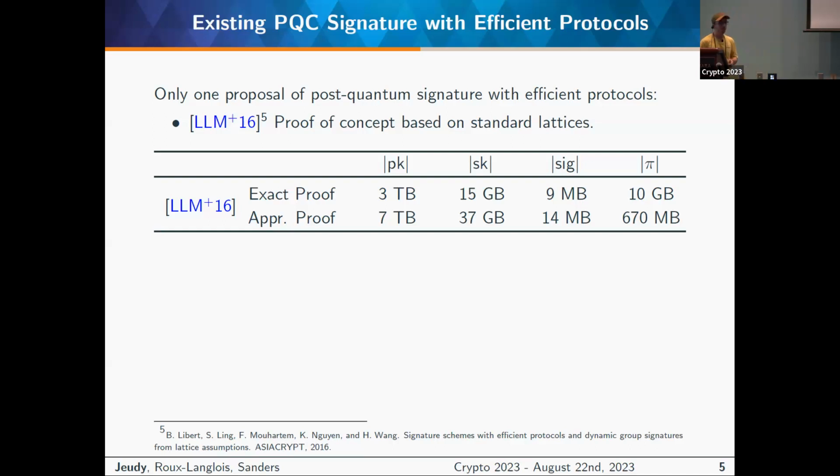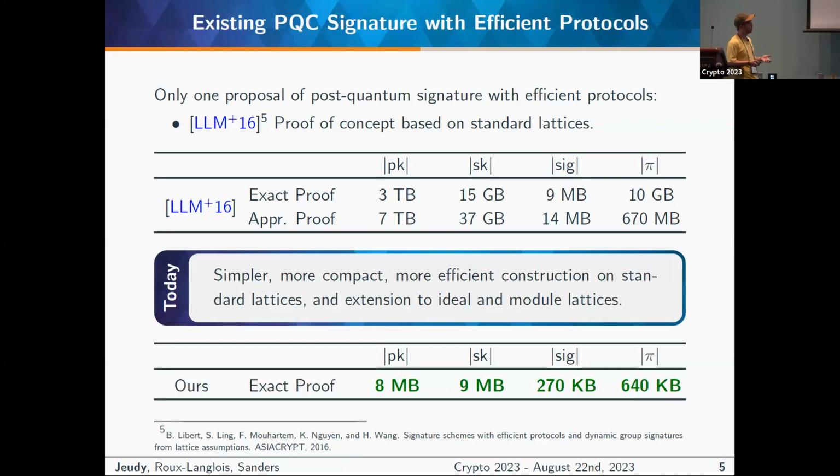And so what I want to present today is a simpler, more compact, and more efficient construction of post-quantum SCP based on standard lattices, but that also extends to structured lattices for more efficiency. And in the structured case, we end up with those efficiency estimates, which are very much improved over the 2016 construction by several orders of magnitude, so on all metrics.